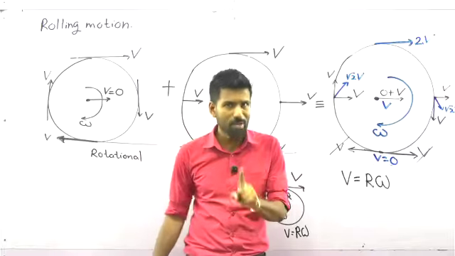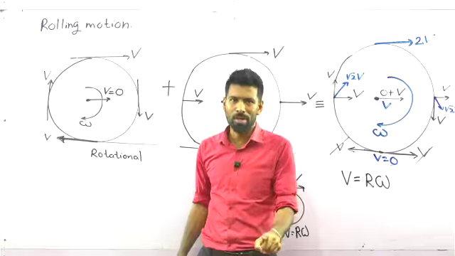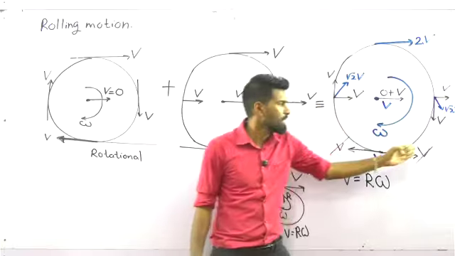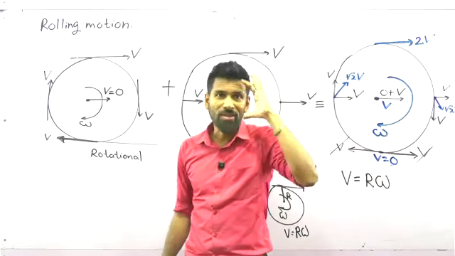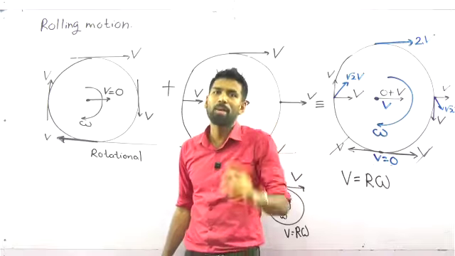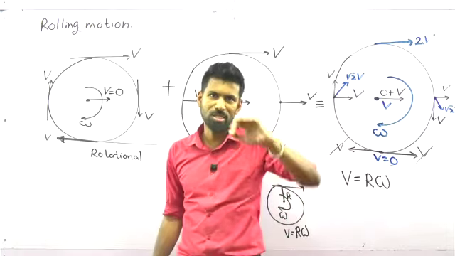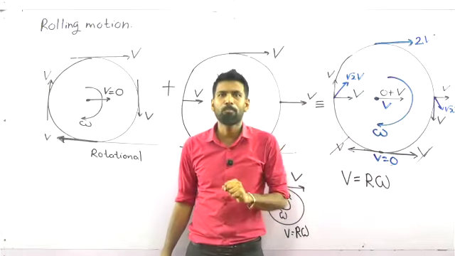But remember, this is not that V equals R omega. In the tangent, you have 2V, root 2V, 0 and root 2V. In a rolling, the tangent is very complex. When we consider the velocities on the circumference of a rolling body, they are very complex.